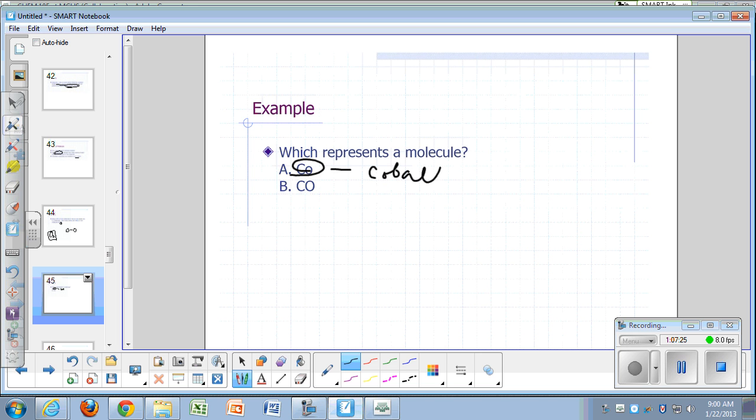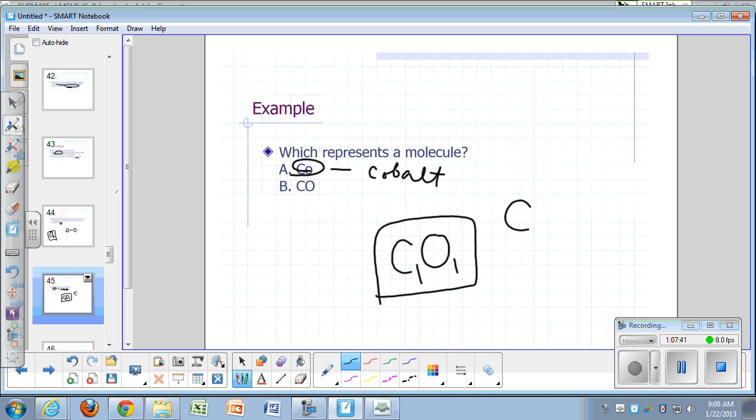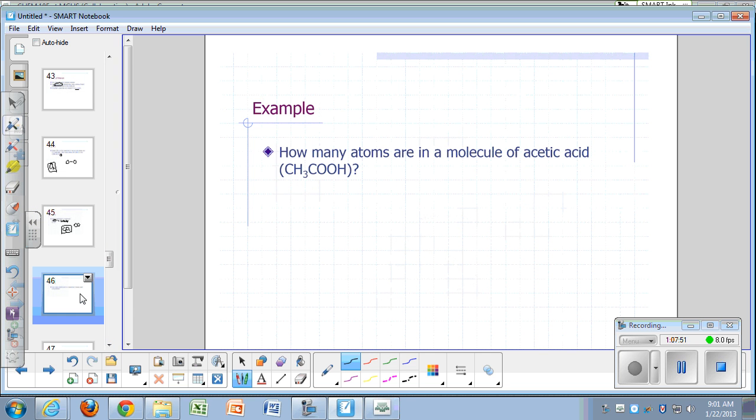That's not a molecule. A molecule should have at least 2 atoms, so the total subscript must at least be 2. CO means carbon with a subscript of 1, and oxygen has an implied subscript of 1. So this would be the symbol for a molecule, CO. That's carbon monoxide. That's the gas that kills you if you run your generator in your garage, or if you lock yourself in your car in your garage.